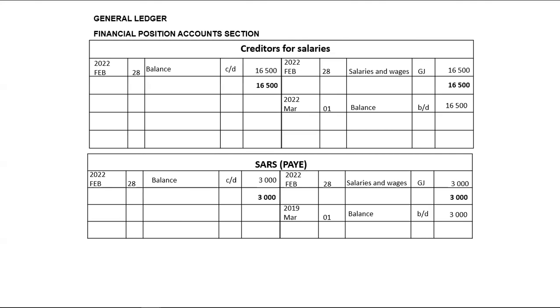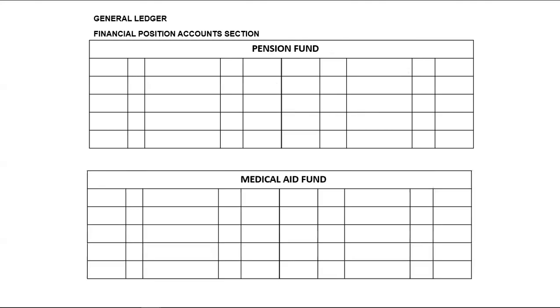Okay. And then with respect to pension fund, it is also a current liability. It will be a plus; it goes up on the credit side. How much are we owing the pension fund? It will be the 1,500, which was deducted from Mnguni's account, and our own contribution.